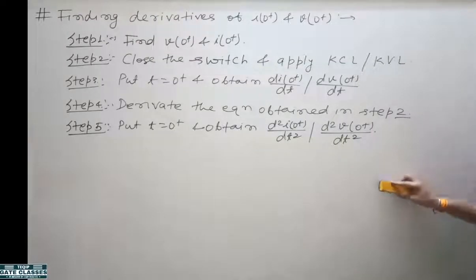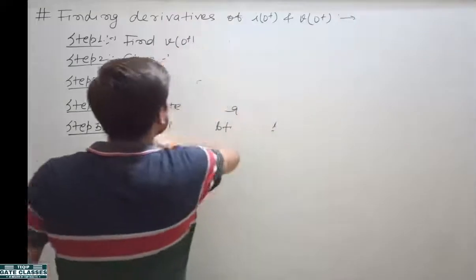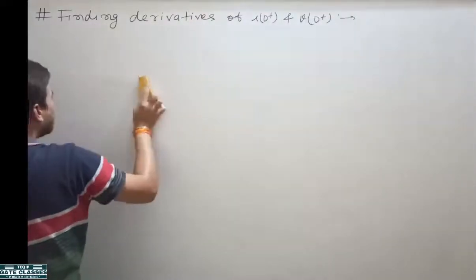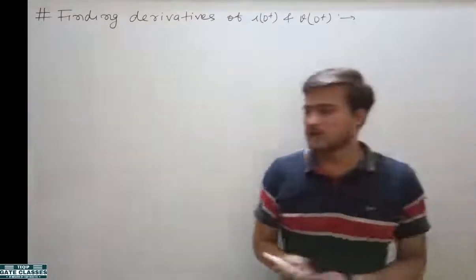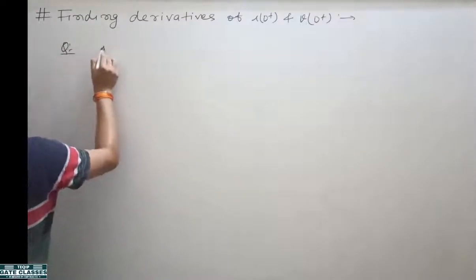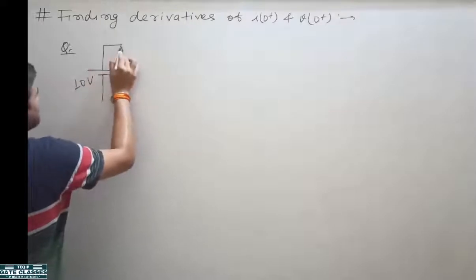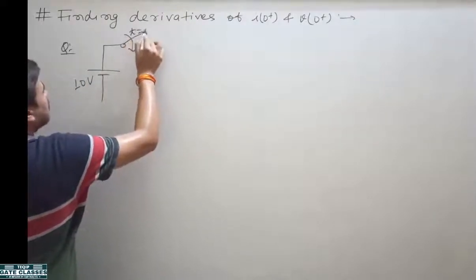Now let us discuss some numerical questions on this topic so that you can easily understand the concept and you will be able to apply the concept that you have learned here. So let's start with the first question. It is given you are having a 10 volt battery. There is a switch, it will be closed at t equal to 0.